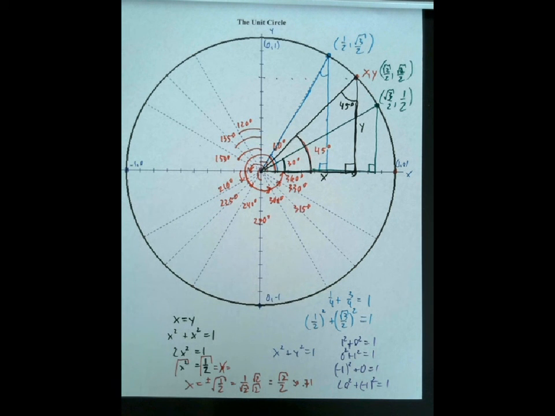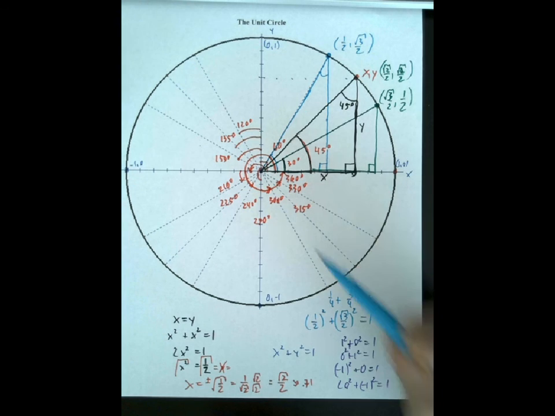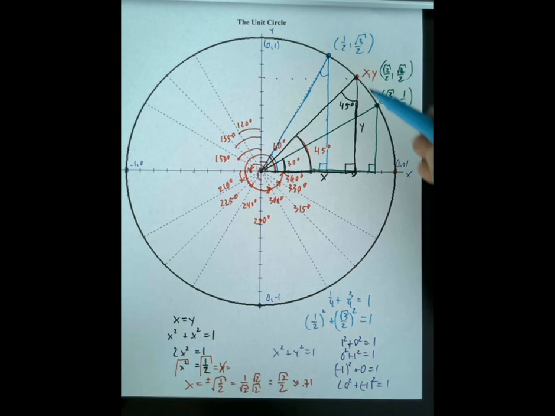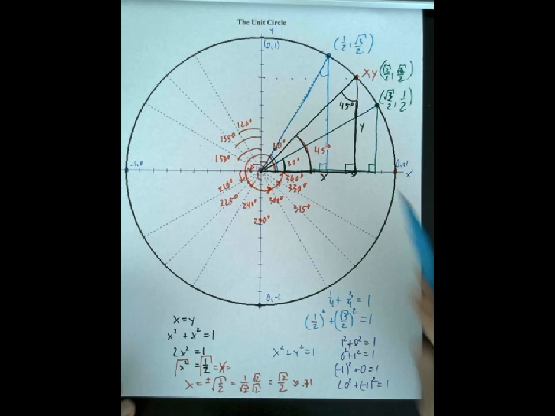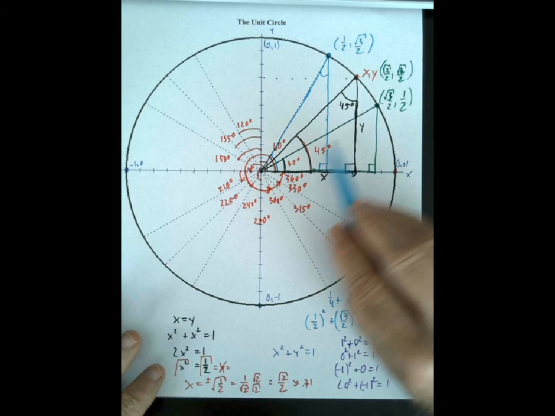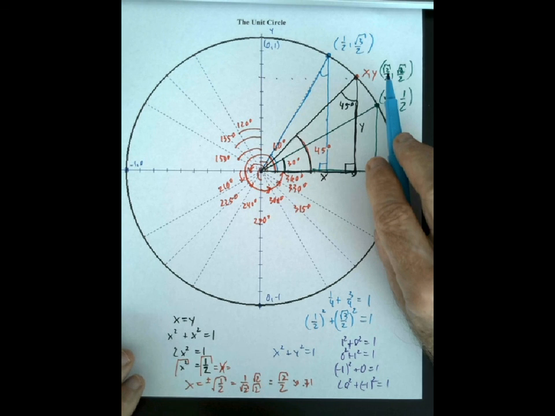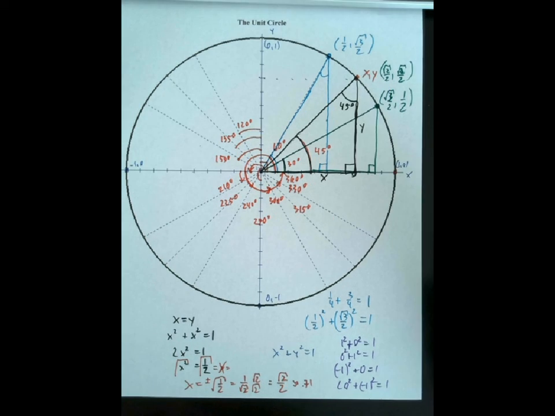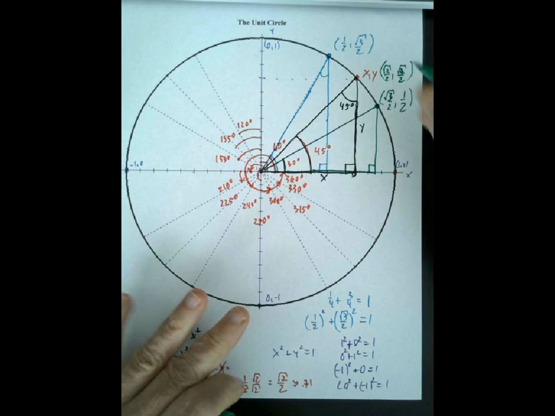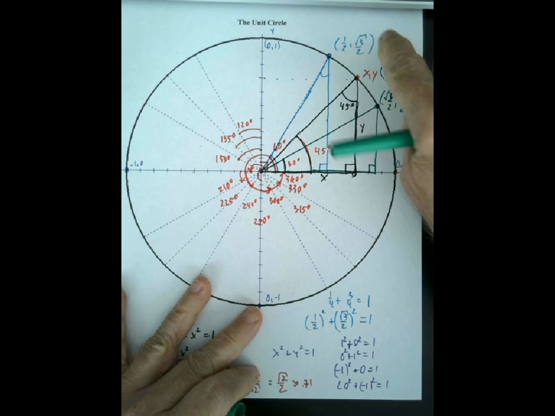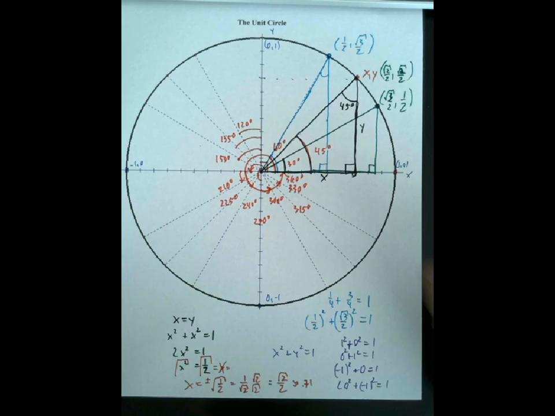Okay, now notice we've got these other angles here marked out already. And notice, so we've got coordinates here. The coordinates that go with 30 degrees are rad 3 over 2, 1/2. The coordinates that go with 45 degrees are rad 2 over 2, comma, rad 2 over 2, right? And up here, the coordinates that go with 60 degrees are 1/2, comma, rad 3 over 2.